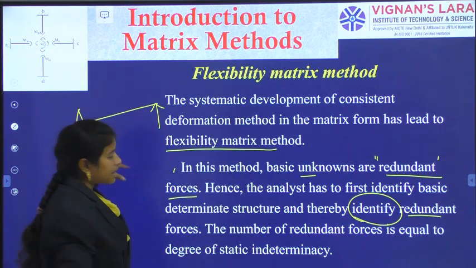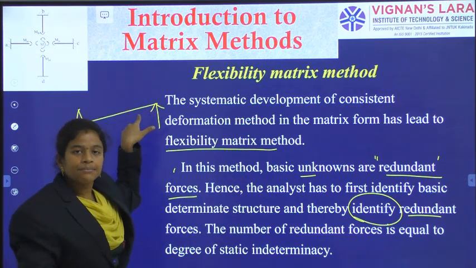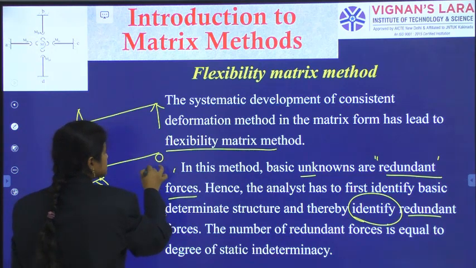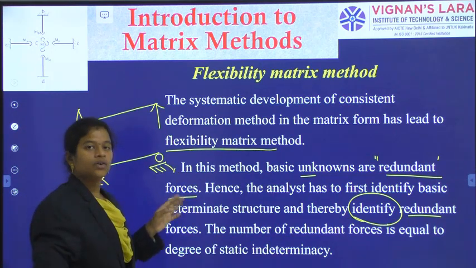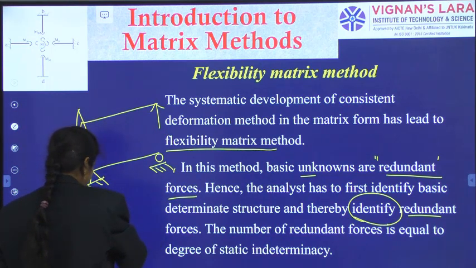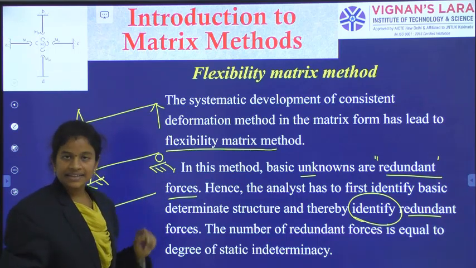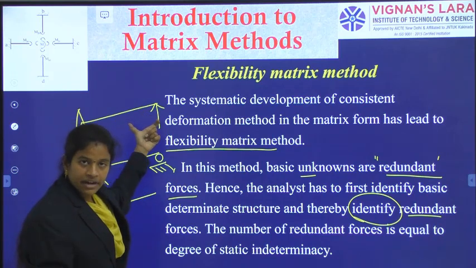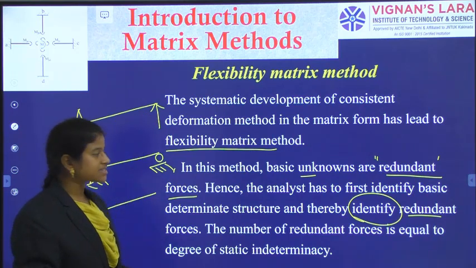So this is my indeterminate structure and I am converting this to a determinate structure: one end hinge, other end roller, or I can say one end fixed, other end free. In this way I can make this indeterminate structure a determinate structure.